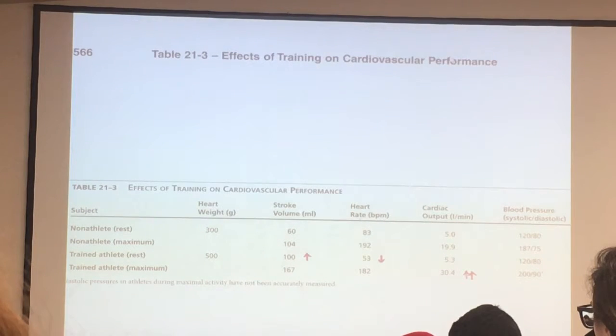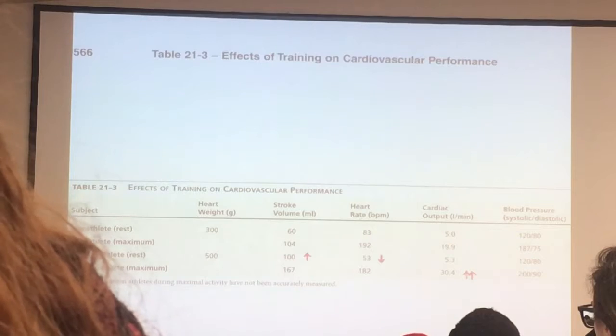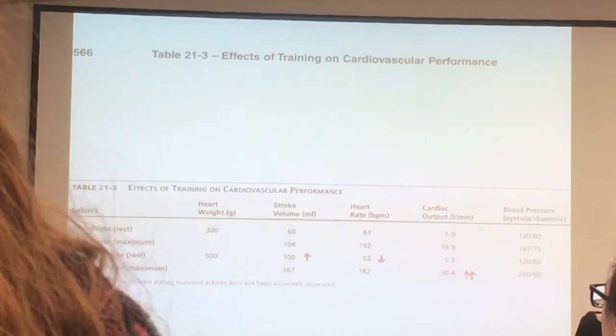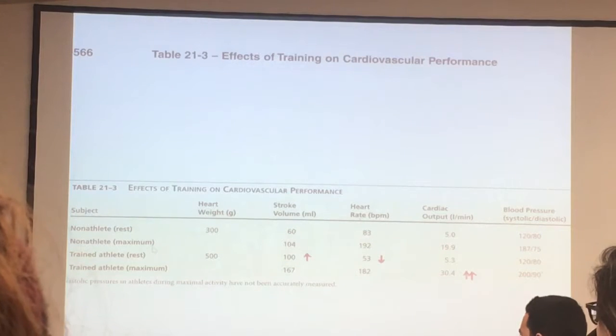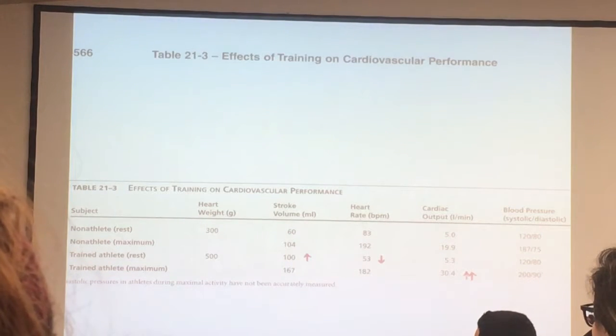And the other one is about the training. This one shows two persons, non-athletic and trained athletic. Okay. Then we have resting condition and the maximum exercise condition. It's a normal person.